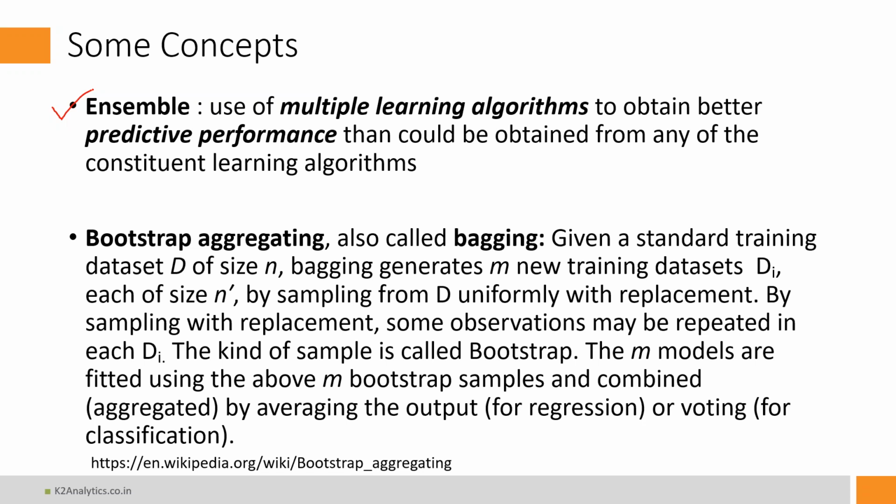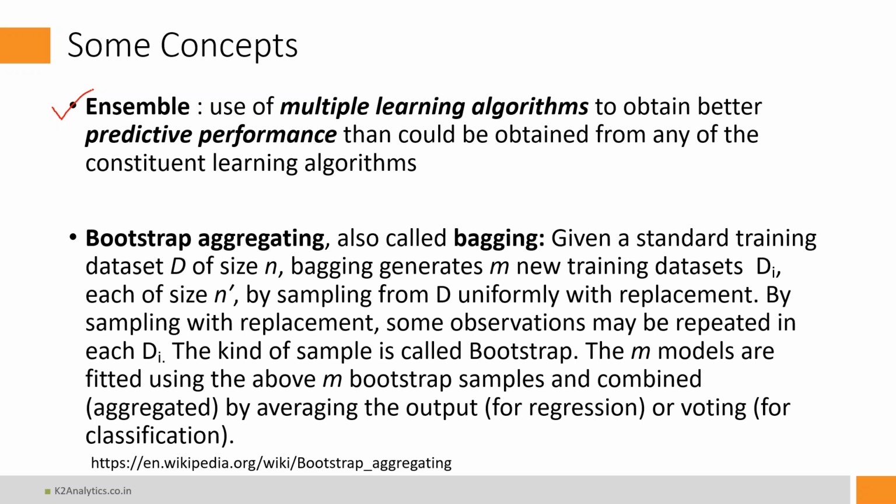In that case, you are using 5 modeling techniques, and you will use the output of these 5 techniques to predict the final outcome, such that the output given by using multiple learning algorithms is better than what you would have got by using individual constituents of the ensemble.